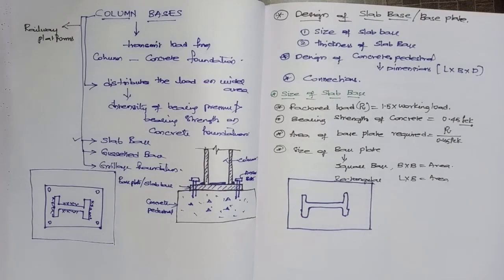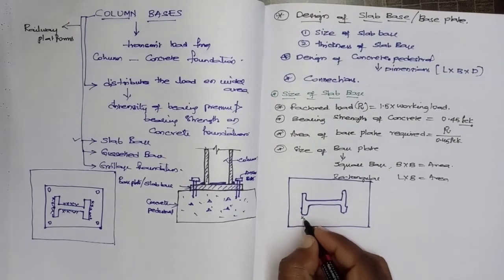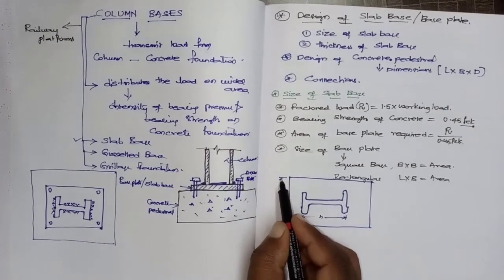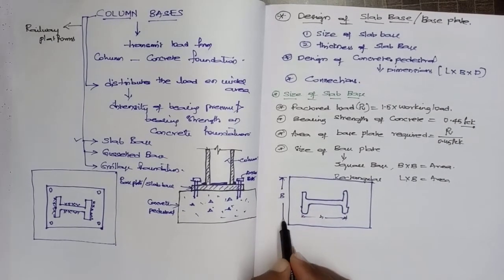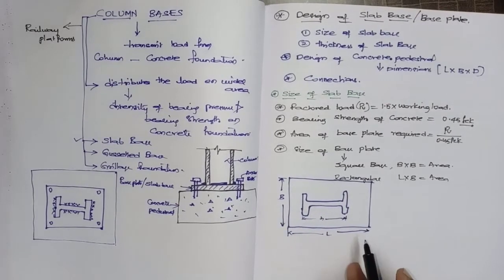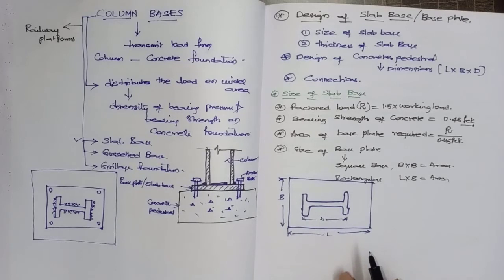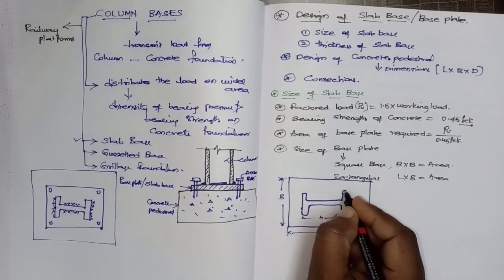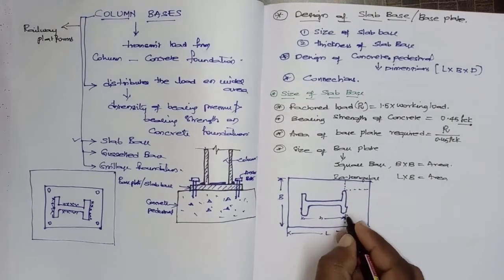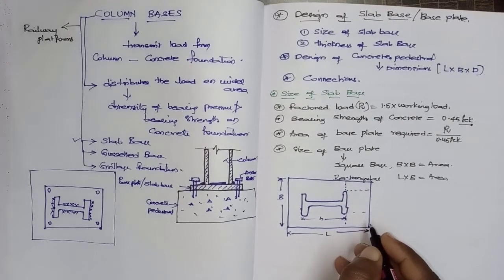This is H. Suppose it is a rectangular plate, B and L, right? Now these are nothing but projections.